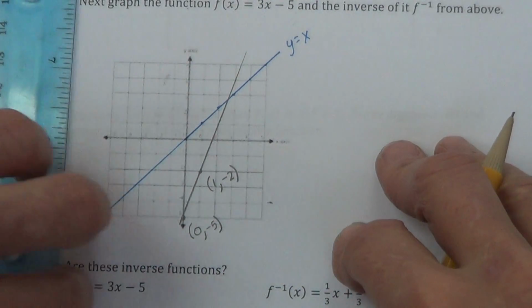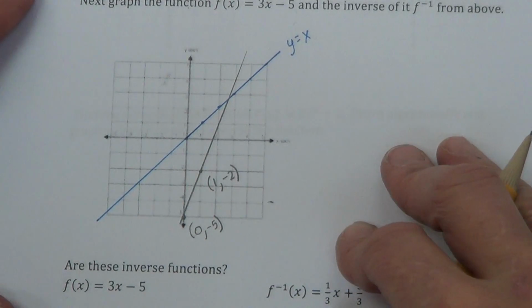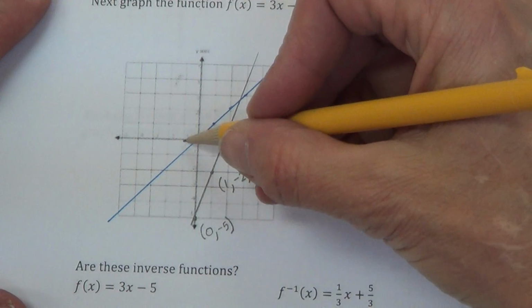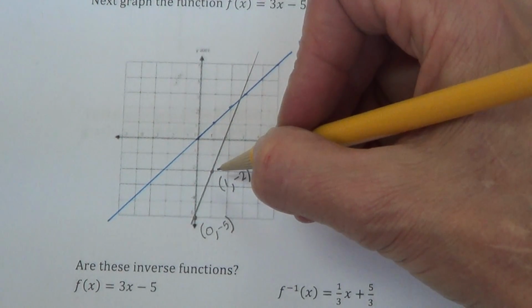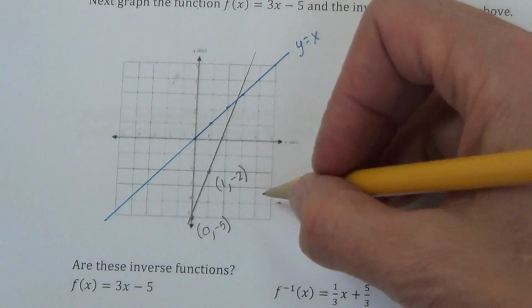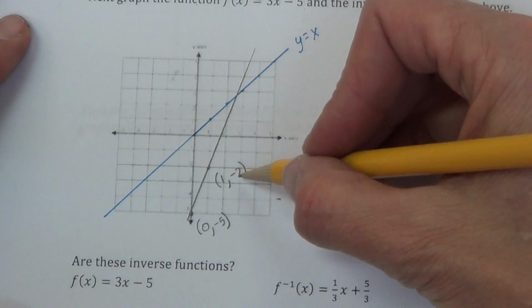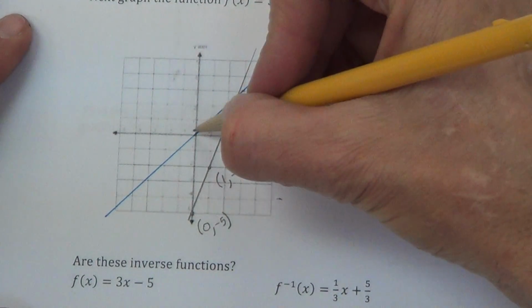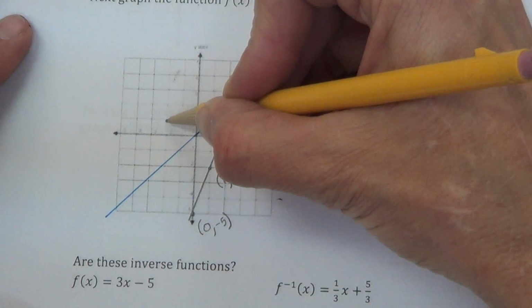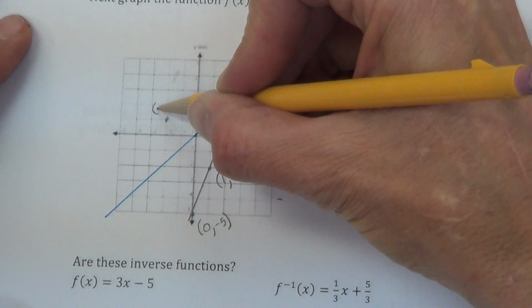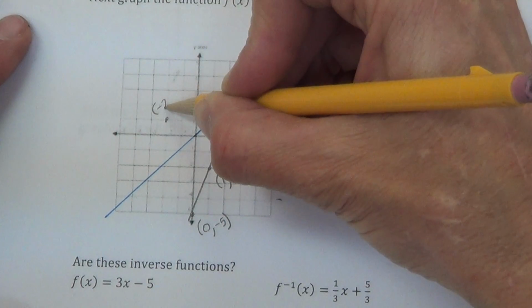Okay. Now we can simply graph our inverse by counting the perpendicular line here. Or we can do the inverse by looking at the points. It's going to be negative 2 for x and 1 for y. So at negative 2, positive 1, we should have a point.